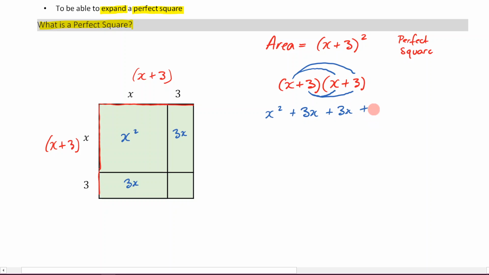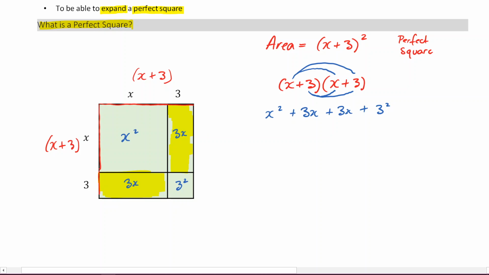Now I'm going to leave that as simply 3 squared. But we know that 3 times 3 is going to be 9, but let's just leave it like that for the time being. Perfect. The other thing I want you to take note of here is that I have this area here, which is 3x, and I also have this area here, which is also 3x. So those highlighted portions there are equal in area.